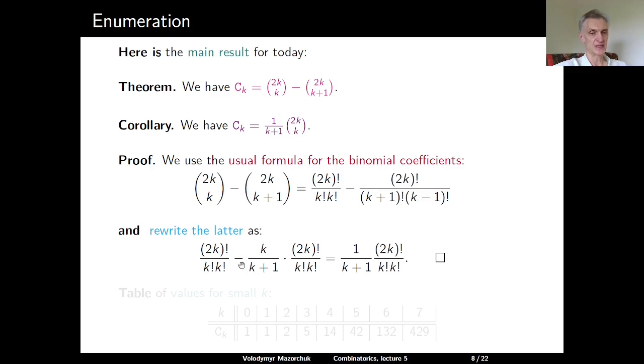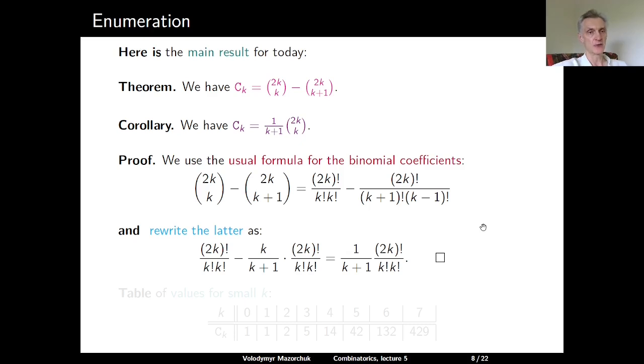So the first summand is the same, 2k factorial divided by k factorial squared, minus k divided by k plus 1 times 2k factorial divided by k factorial squared. And this, of course, simplifies to 1 divided by k plus 1 times the binomial coefficient 2k choose k. So this proves our corollary.